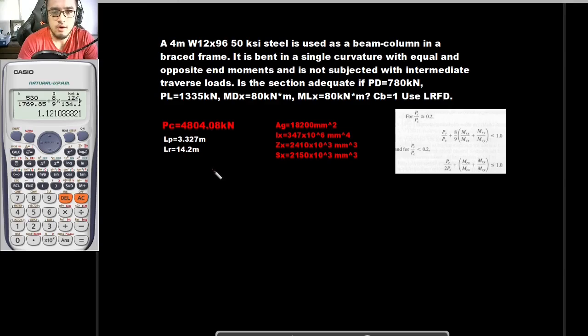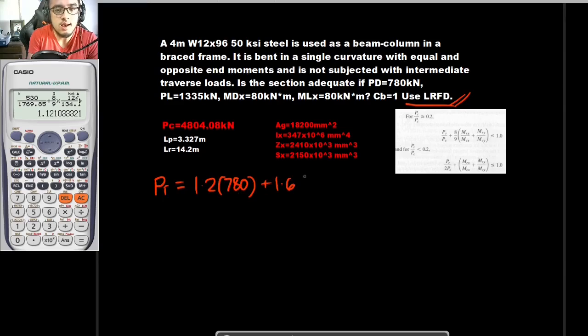So, ano ba? What to do? Okay, so kung wala kayong maisip, mag-load combinations na lang muna tayo. So, for our PR, ano ba yung mga P's natin? That is to be 780 kilonewtons and 1335 kilonewtons. Since we are to use LRFD, our factors here would be 1.2 times dead load, which is 780, plus 1.6 times live load of 1335.